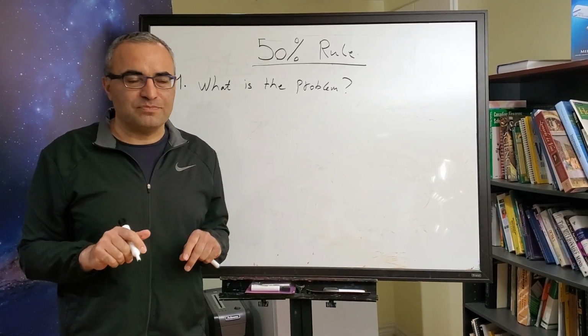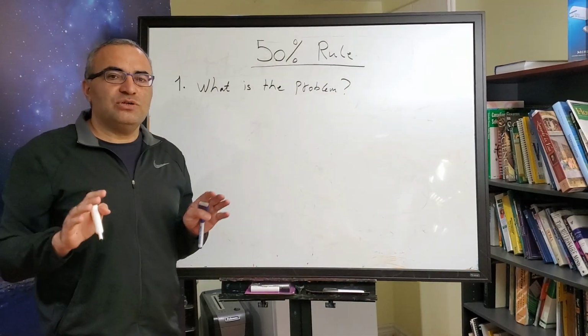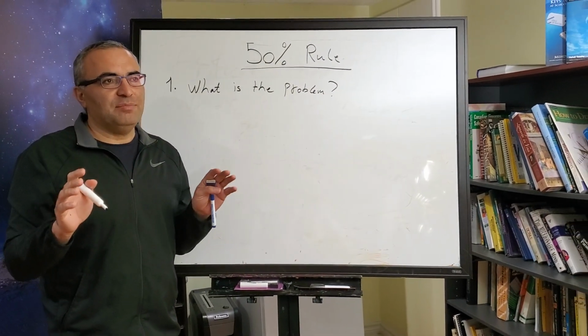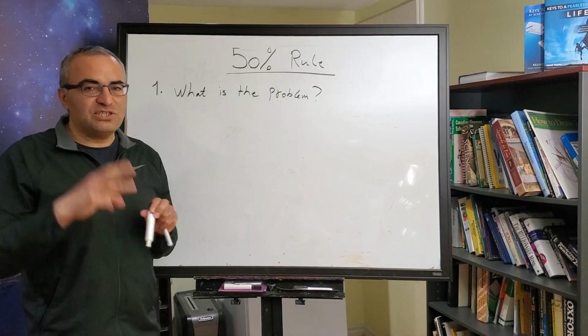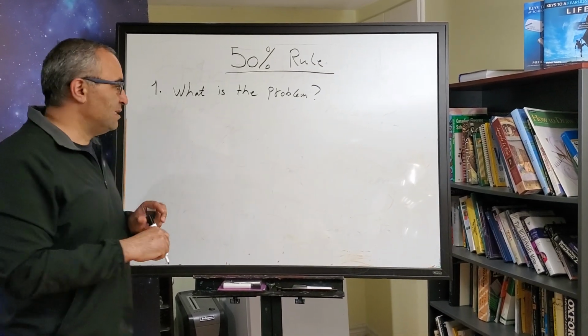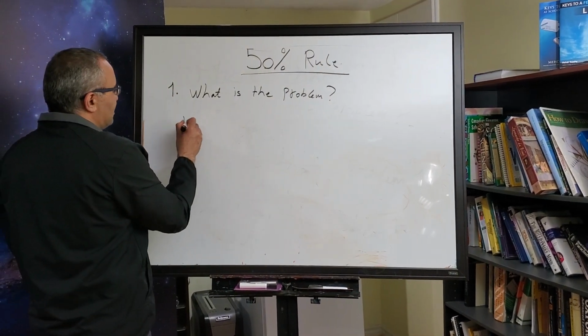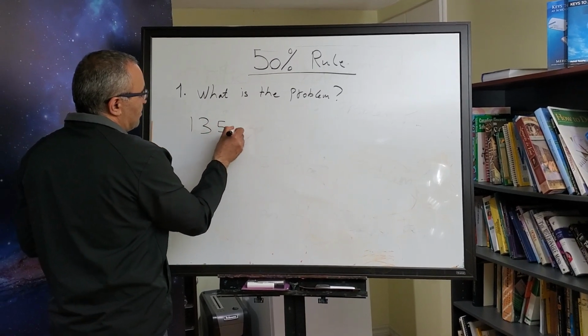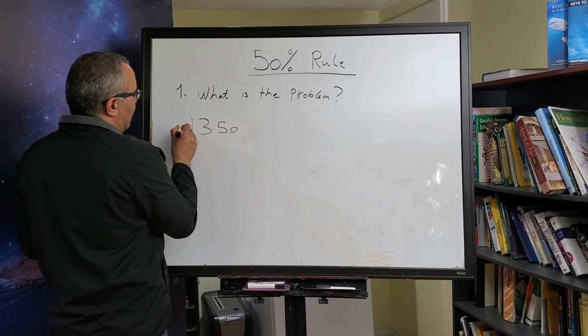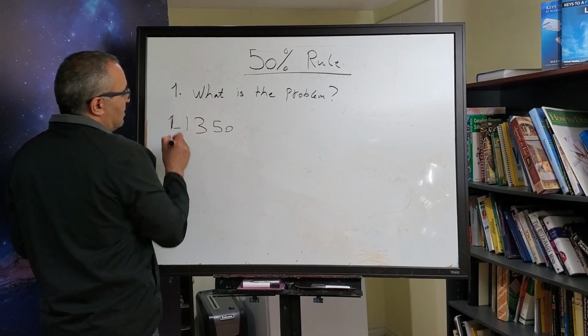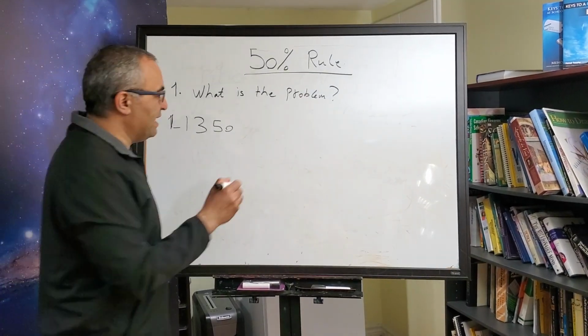So if we look at the history of pandemics, and if we look at three major outbreaks, one was about 1350, and it was about the bubonic plague.